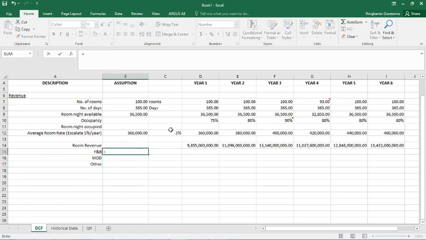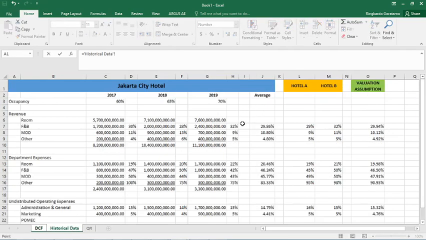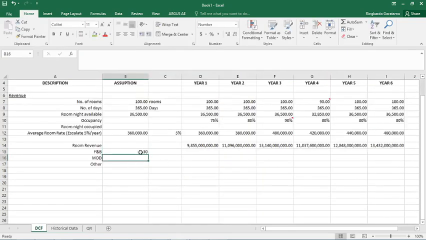So based on the historical data and our analysis, the F&B revenue will be 29% of the room revenue, and also the same with other. We just put it in here.